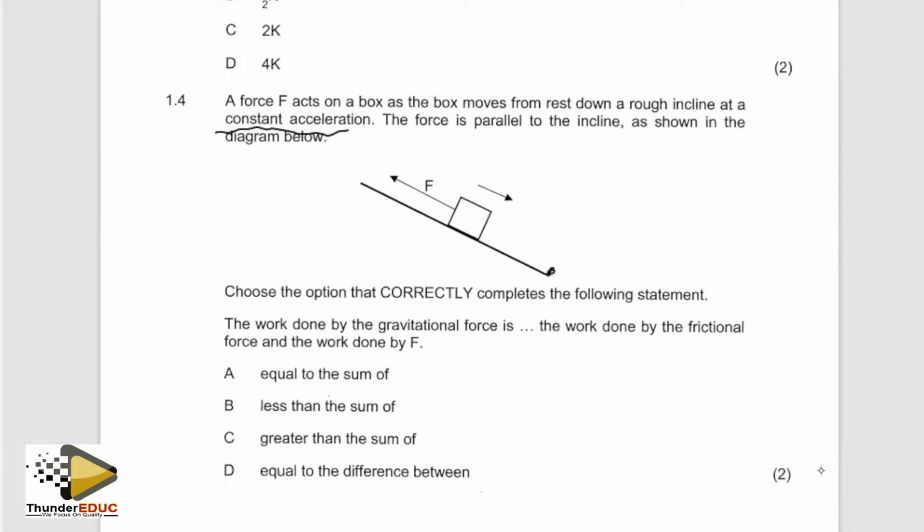If the box is moving from this point going upwards, we know that the FG parallel will be acting downwards, and then the frictional force will also be acting downwards. That's what I'm interpreting, if the box moves from rest down a rough incline.